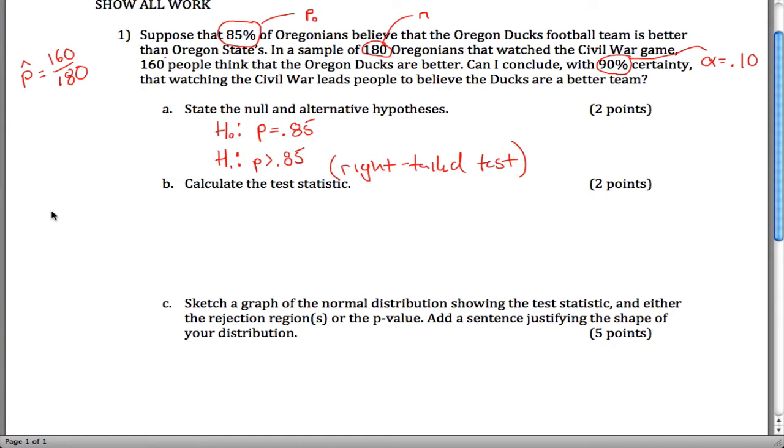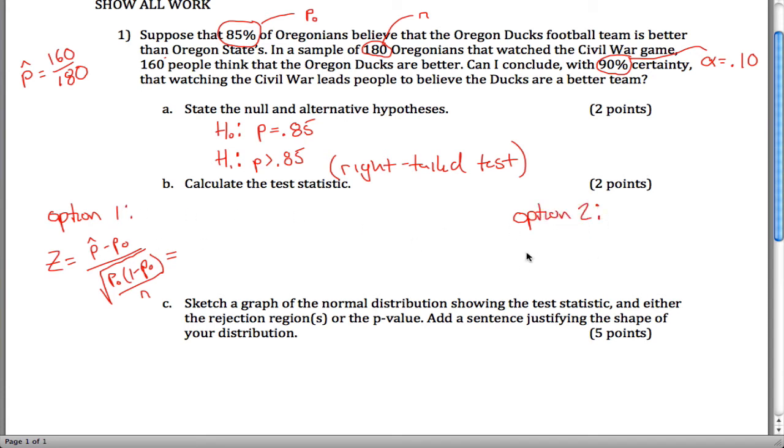Okay, calculating the test statistic. Two options. Option 1, we would say that Z is equal to P hat minus P0 divided by our standard deviation, which in this case is the square root of P0 times 1 minus P0 divided by N. Or option 2 is using your calculator.